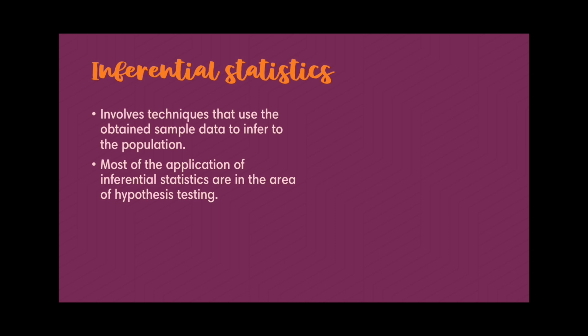And the second type is inferential statistics, which we usually use when we try to address our hypothesis in a research project. So, inferential statistics involves techniques that use the obtained sample data to infer to the population.